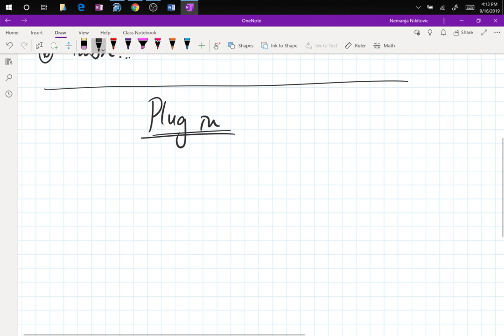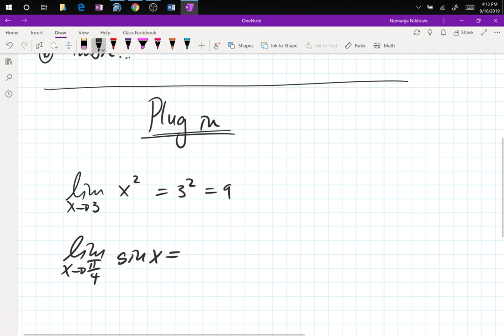So if you have the limit as x goes to 3 of x squared, you can compute it because we saw that the pre-calculus and the limit both give you 9. If you have the limit as x goes to pi over 4 of sine x, well, you know that sine x has no issues of any kind in terms of interruptions, 0 in denominator and all that kind of stuff.